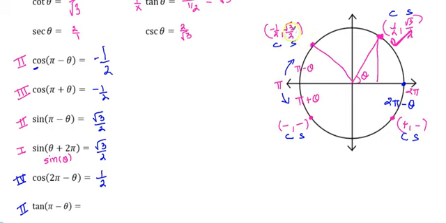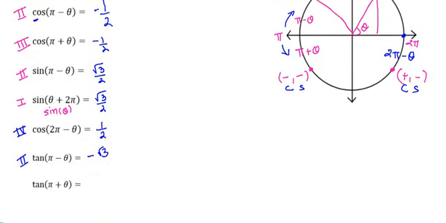Tangent is the ratio of these two. If you take y over x, the two get cancelled, and that will be -√3. Oh, we have one more. Tangent of pi plus theta will be the ratio of two negative numbers, third quadrant. Tangent is positive, remember all students take calculus. So this answer is √3.